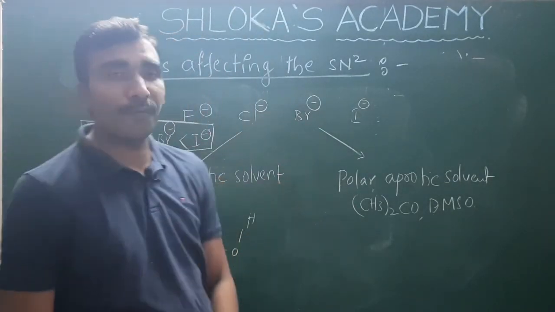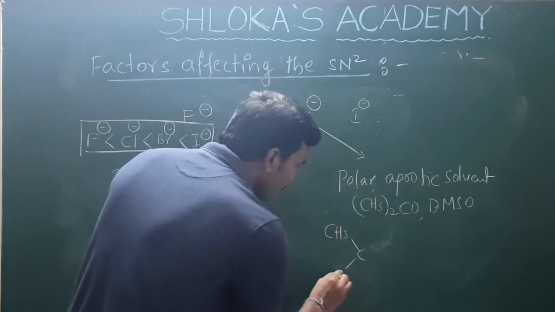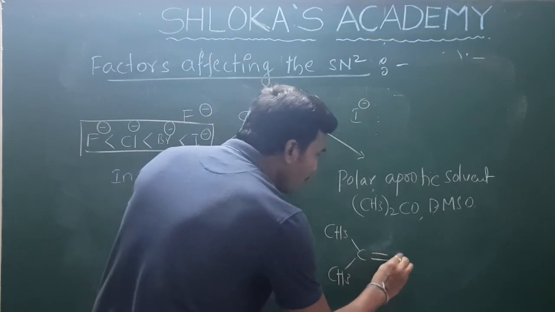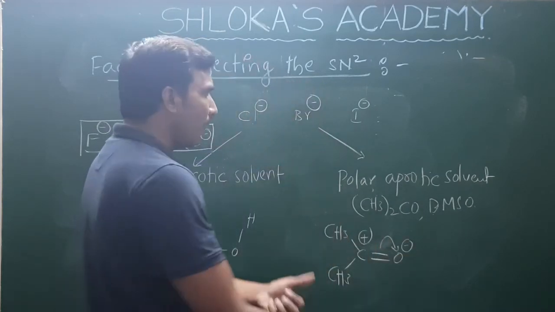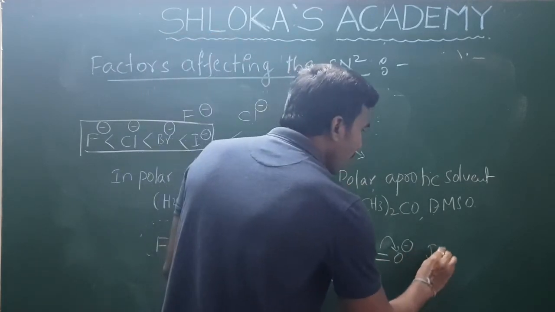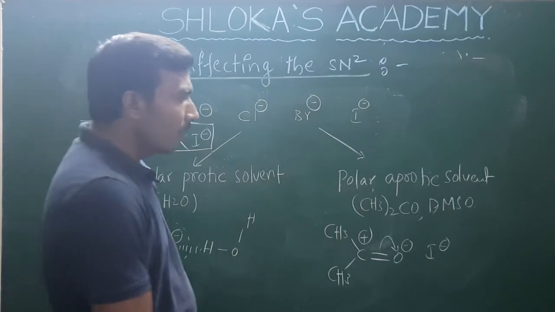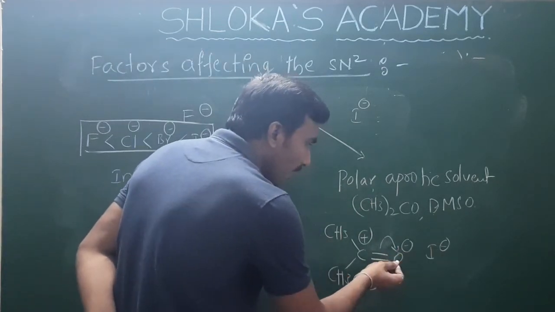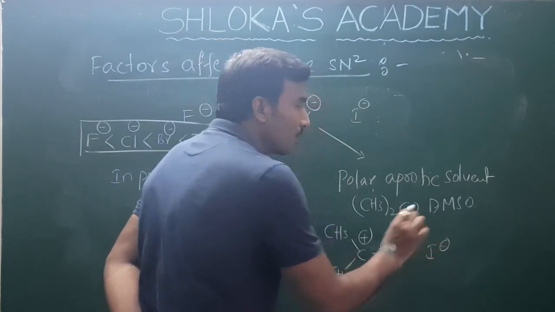Now coming to the polar aprotic solvent. I am taking the solvent acetone. If you take acetone, it is polar. You can write here negative charge and positive charge. And again I am taking I minus as the nucleophile. I minus is negative, so they repel each other. So no one is restricting this lone pair.